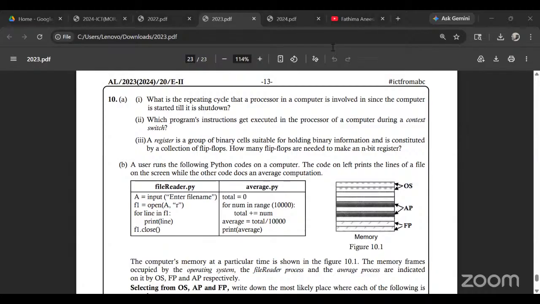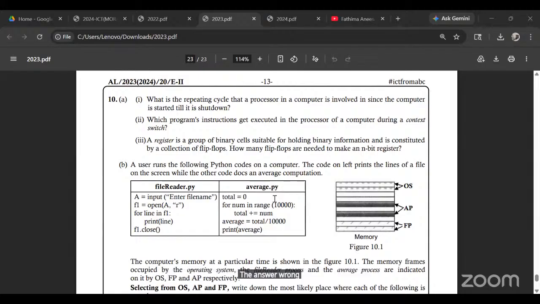Process state? No. Which program's instruction gets executed in the processor during a context switch? I want everyone to answer this question. This is a question where most get the answer wrong.